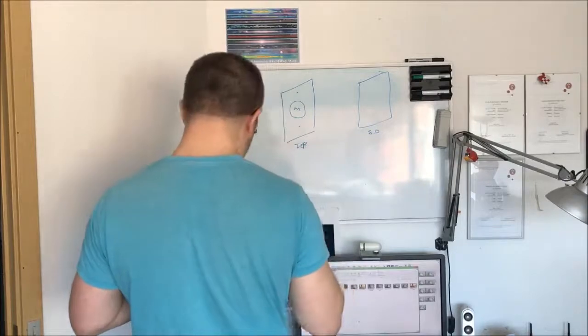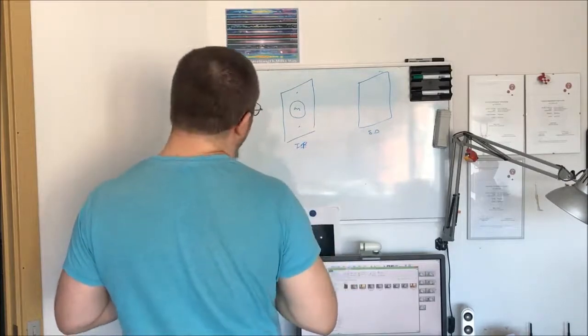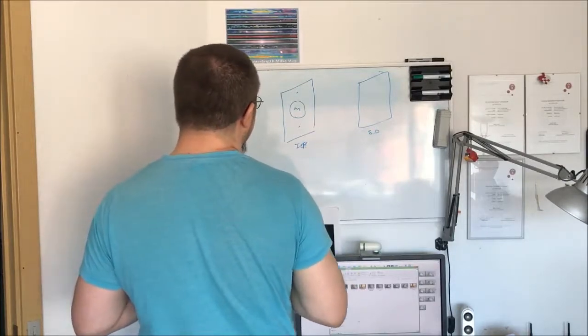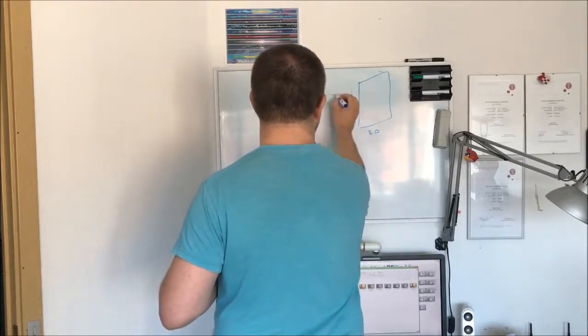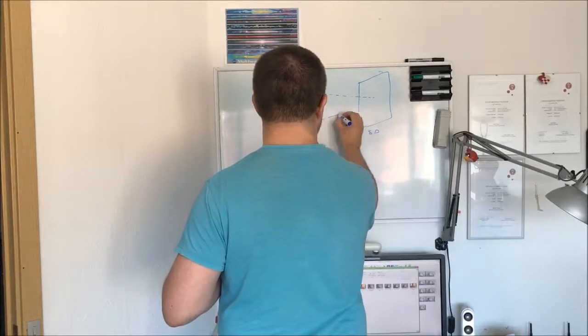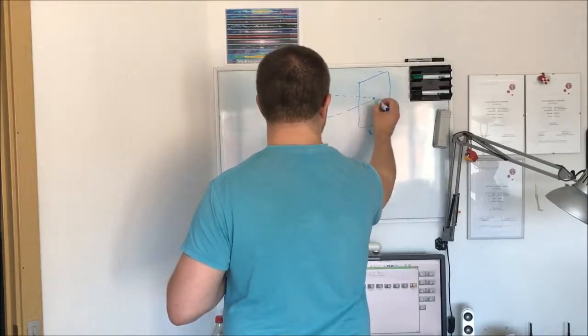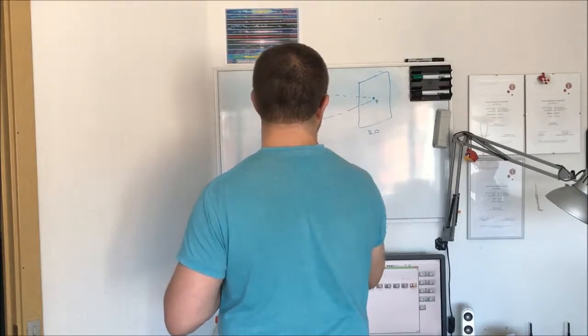I'll just use two this time. So we do actually do the same again. We take this mass, and then we try to calculate the best position of the source.